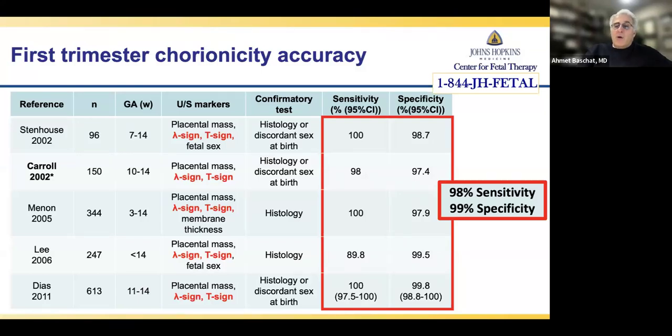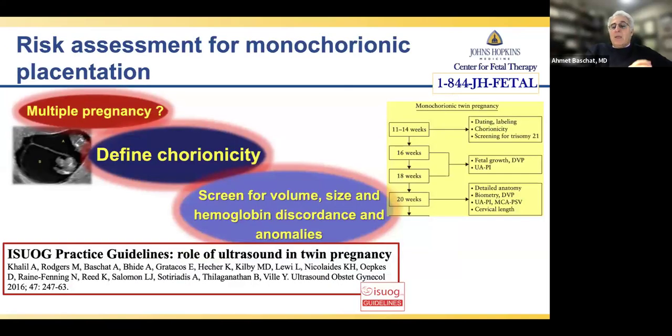So when you look at the combined sensitivity to accurately reflect chorionicity, the lambda and the T signs in the first trimester cumulatively have a sensitivity and specificity of 98 and 99% respectively. So once you have determined the chorionicity, the surveillance pattern starts in the first trimester by labeling, doing a first trimester screening, and then doing a risk triage in the first trimester, and then in the early second trimester as well.